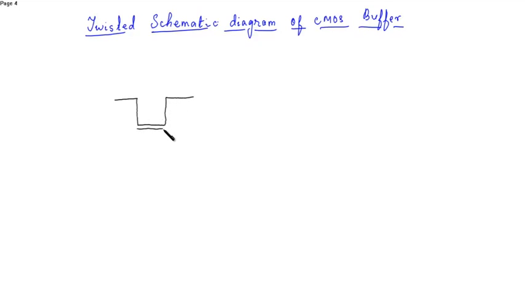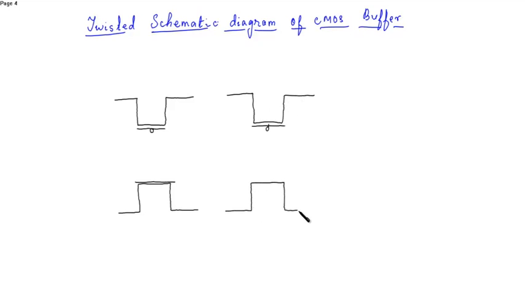This is inverter 1, then we have inverter 2, the PMOS and the NMOS.